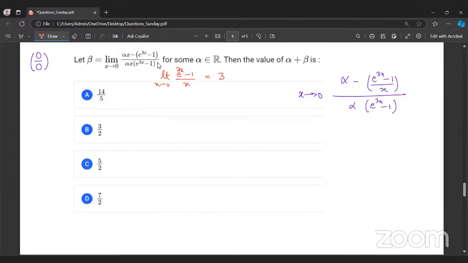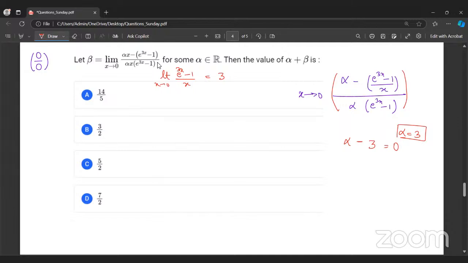I can check the value for x equal to 0, and you will get alpha minus, and you have told me that this value, when x is tending to 0, is equal to 3. So in the numerator you get alpha minus 3, and its value is equal to 0. So you directly get your value of alpha equal to 3.